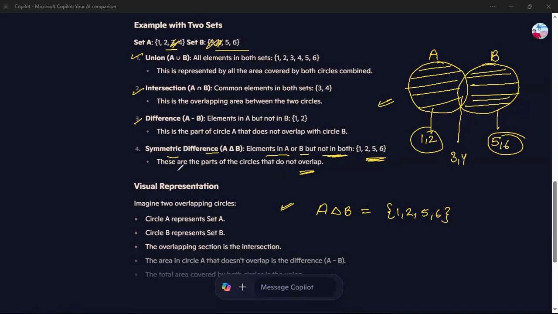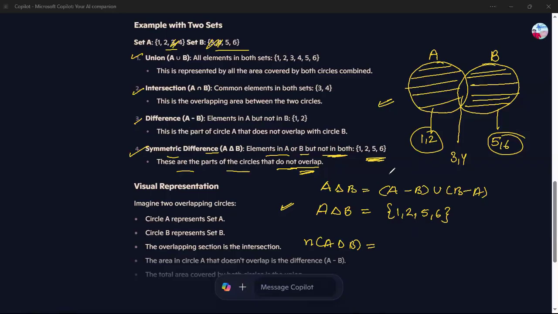Great. So these are the parts of the circle that do not overlap. The overlapping part of the circles is what we are not considering. Is that clear? Symmetric difference? Yes, sir. Now for the cardinality of this, A delta B is also written as combining both A minus B and B minus A. What is A minus B?